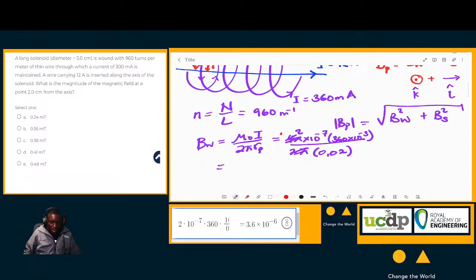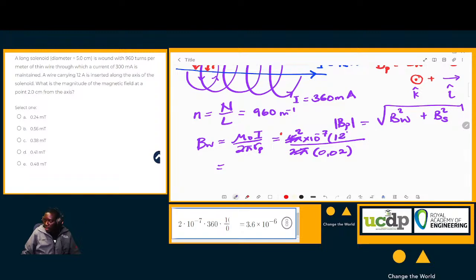We need to check if that's correct. Mu naught I. Okay, sorry, we said this is due to the wire. So if it's due to the wire, this current is not 360, this current is 12. Sorry for that.